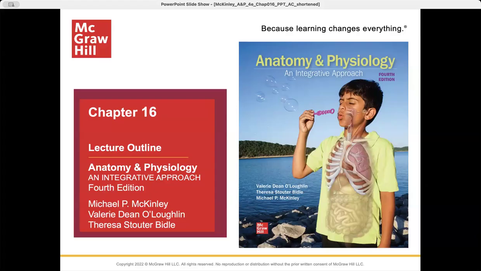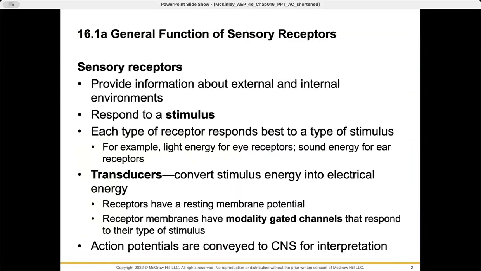We will talk about in chapter 16 general senses, which will help us understand our sensory receptors. So your sensory receptors, part of their general function is to provide information about the external or internal environment so that we can respond to a stimulus and then send it through whatever pathway to the control center. And so each type of receptor responds best to a different stimulus, and we'll talk about the different types of receptors in this chapter.